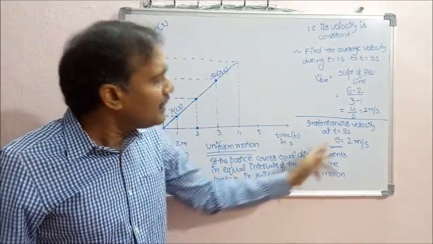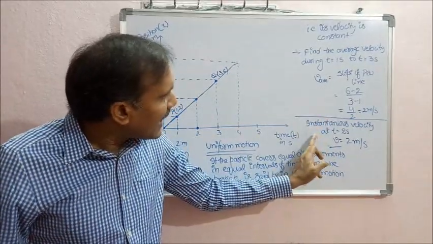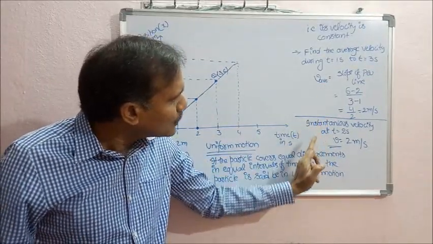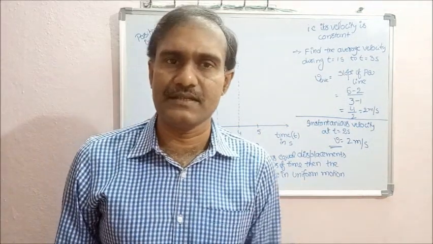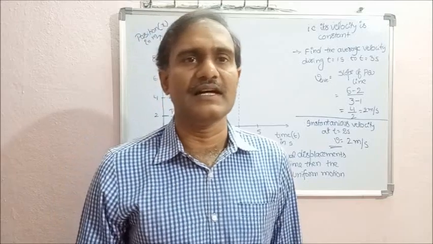In this example, it appears that average velocity is equal to instantaneous velocity.